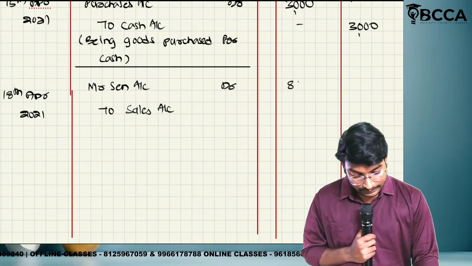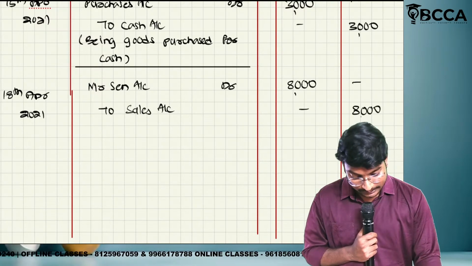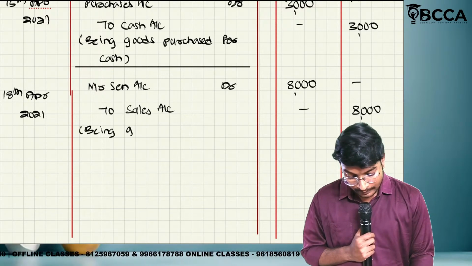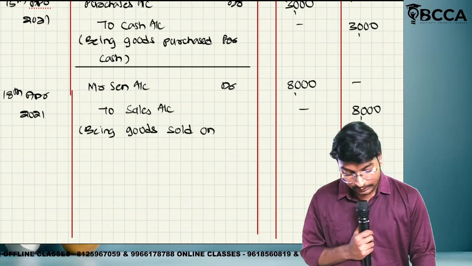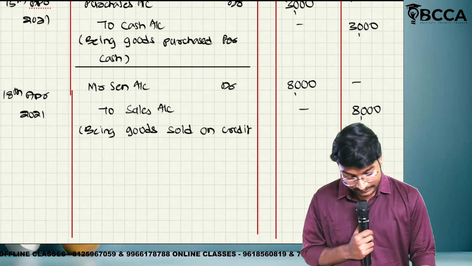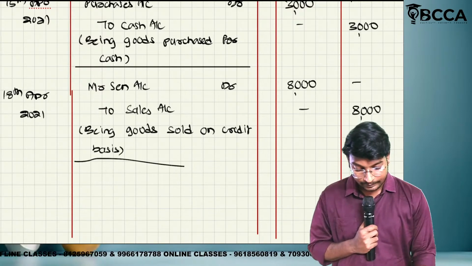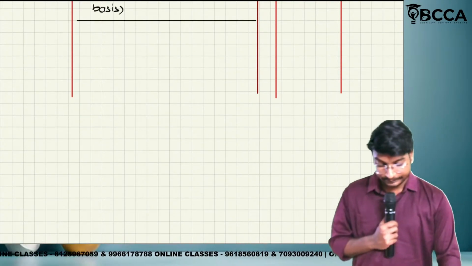The amount was 8,000 rupees debit and 8,000 rupees credit, being goods sold on credit basis.